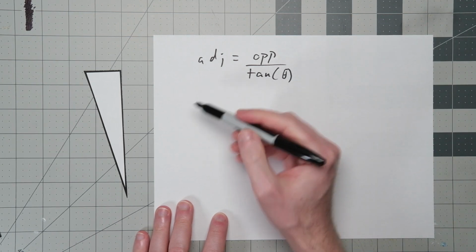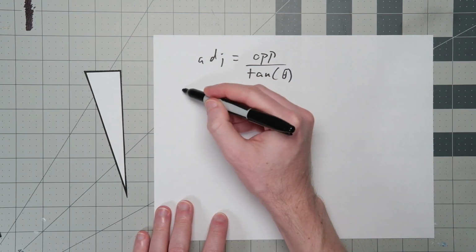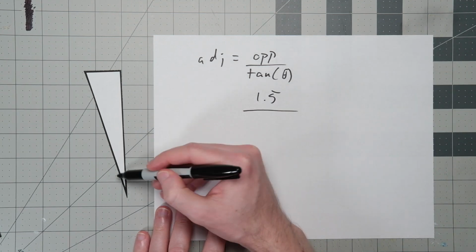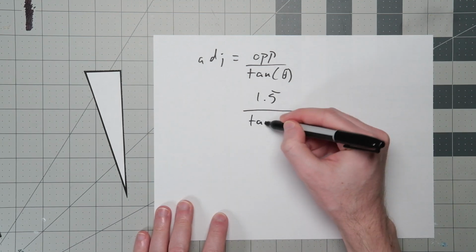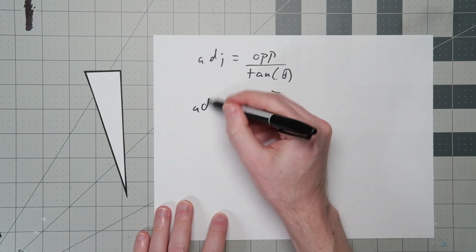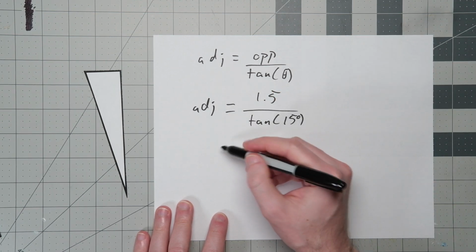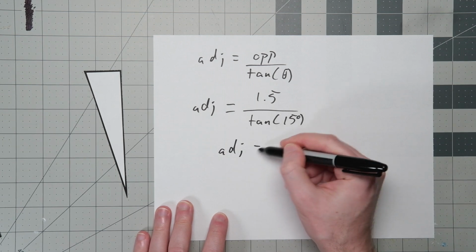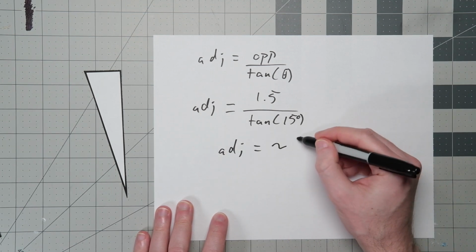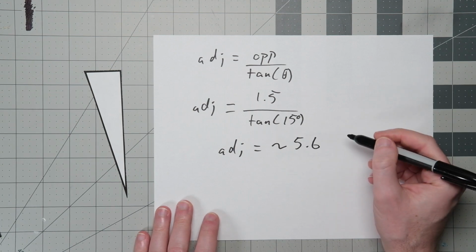We have the value for opposite, which is 1.5, and the angle for tangent, which is 15 degrees. If you plug that into a calculator, you end up with a long decimal, but approximately 5.6.